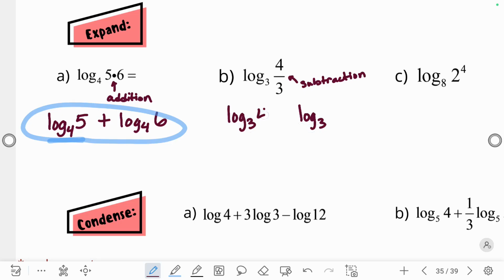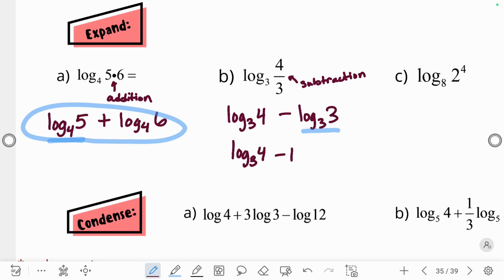One of them is going to have 4, the other one's going to get the 3, and they're going to be subtracted from one another. So notice, because there were 2 parts, 4 divided by 3, I end up with 2 logarithms, and they're subtracted from each other. Again, you should check and see if you can simplify this, and one of these is a value we know. So take a second and think about it. Log base 3 of 3. What is the value of log base 3 of 3?